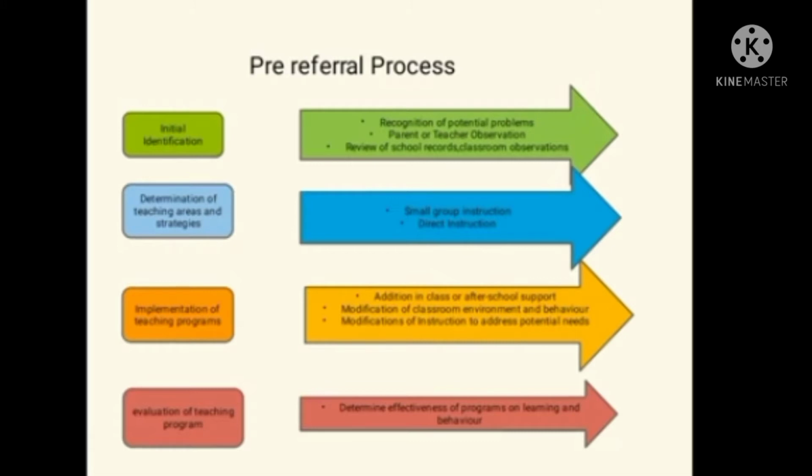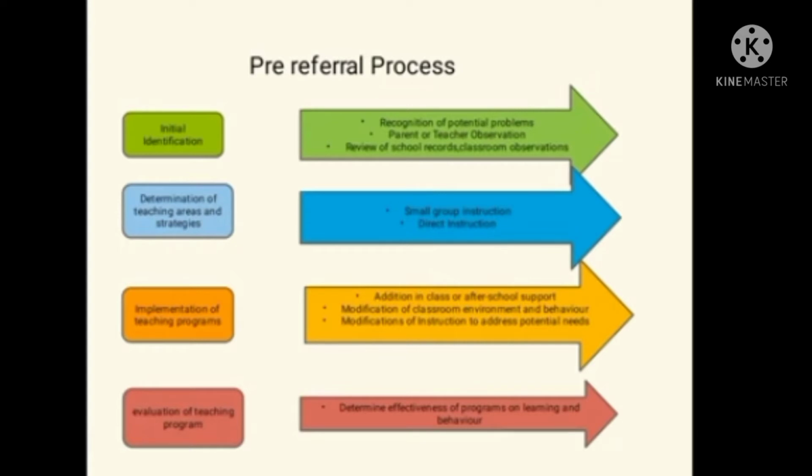The third stage, we have the implementation of teaching programs. At this stage, the plan is implemented and the student progress is monitored. It is where additional in-class or after-school support, modification of the classroom environment and behavior, and modification of instruction address potential needs.